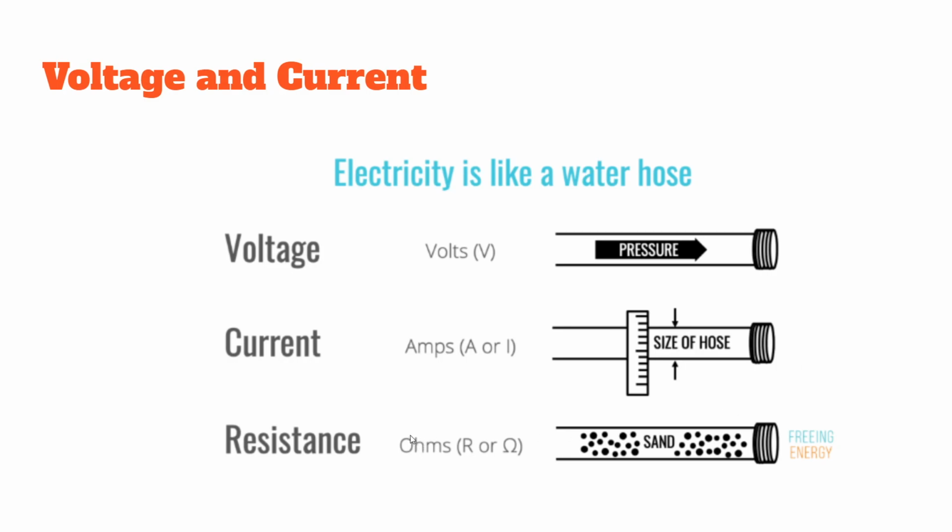And then resistance, as we'll talk about in 1 second, is the sand or some kind of sediment inside the hose that's impeding the flow. So resistance slows down the flow of electrons, or I guess in this case it'd be water.